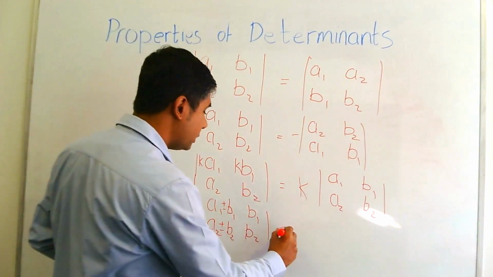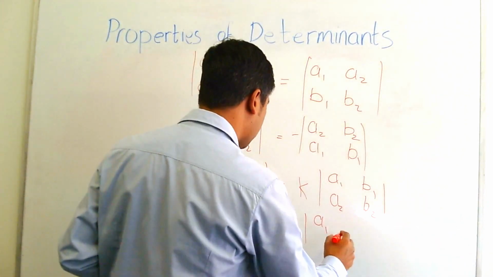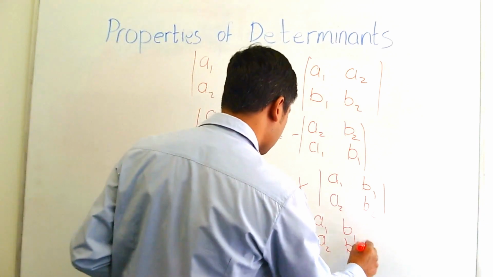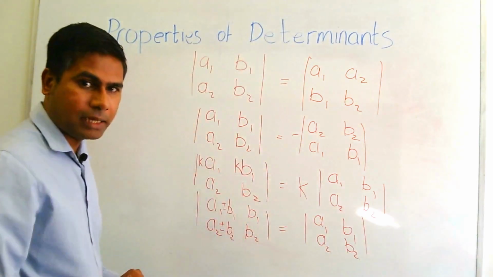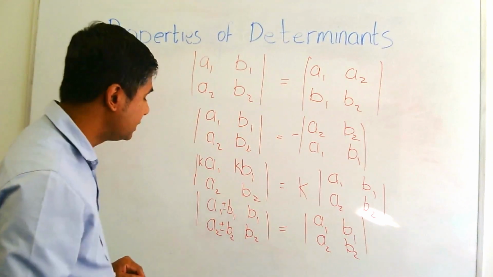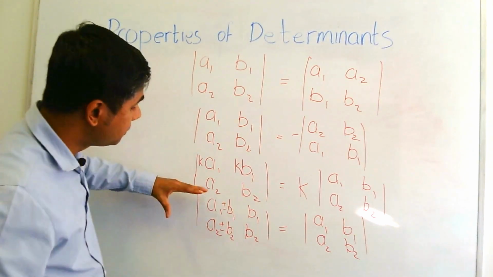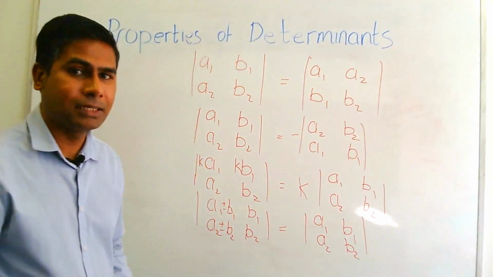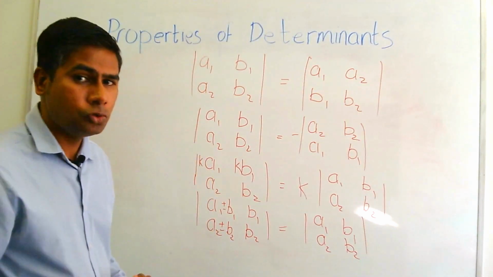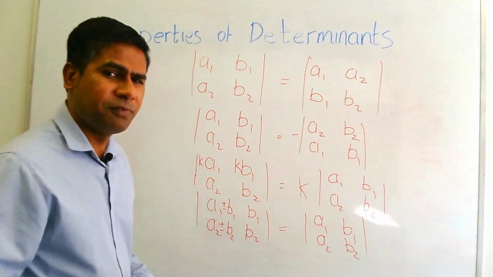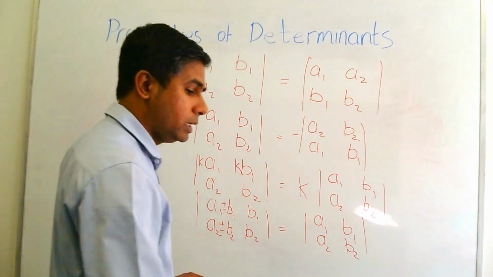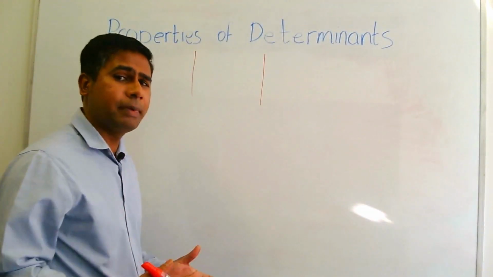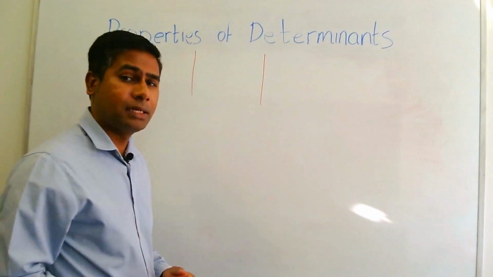When we do that, we will still get the value of our original determinant. We can do that for any of the rows or any of the columns. For example, we can take row 1 and subtract from it row 2. It still wouldn't change the value of that determinant. We can make use of these properties to simplify some of the calculations that we want to perform. So let's use one of these properties to make our life easier to evaluate a determinant.